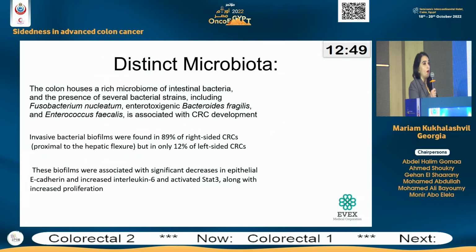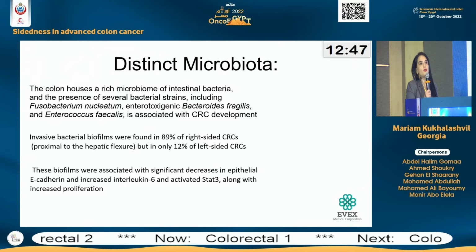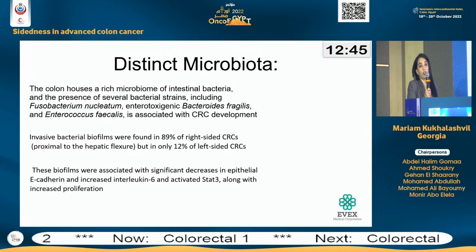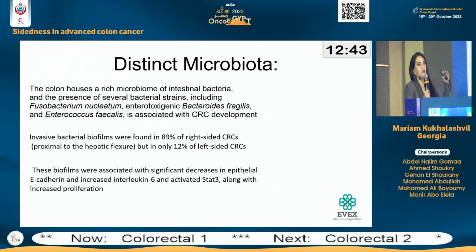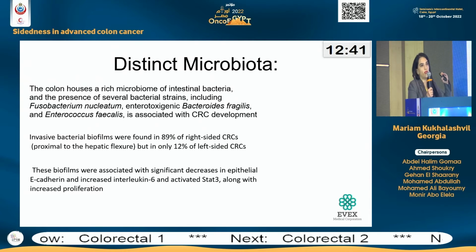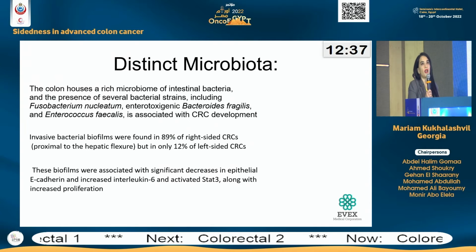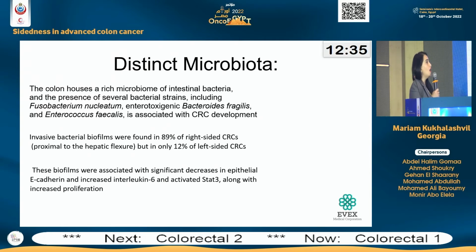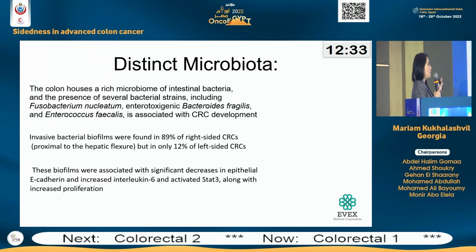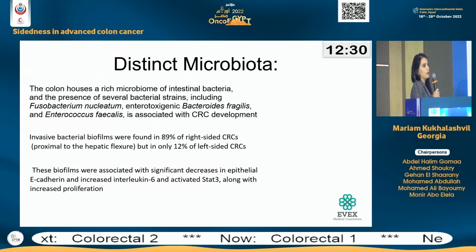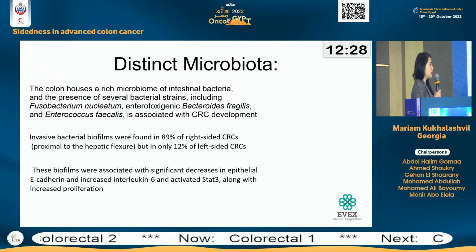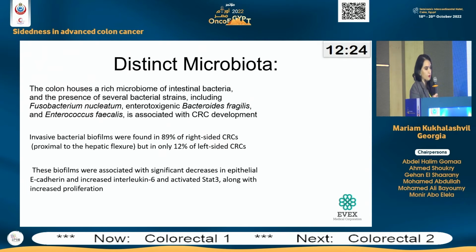Also, invasive biofilms. It's very interesting that it is a mucous layer on top of the mucous membrane, and in 89% of right-sided colorectal cancers this microbiome was found, and in 12% of left-sided colorectal cancer cases it was also found.